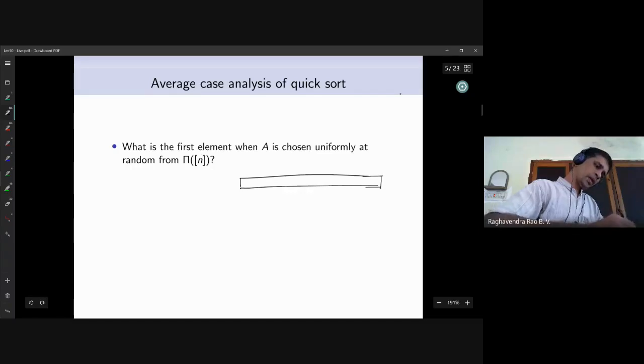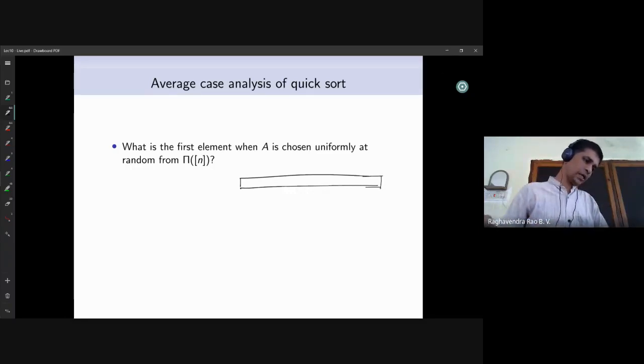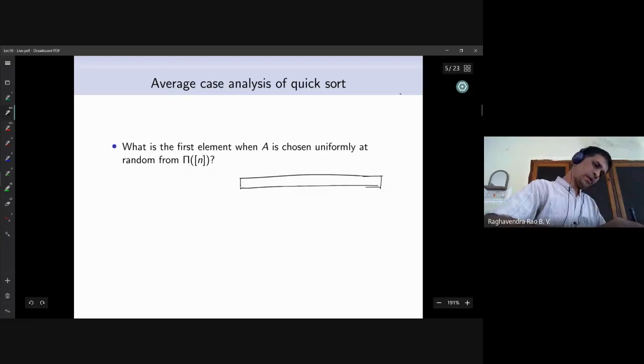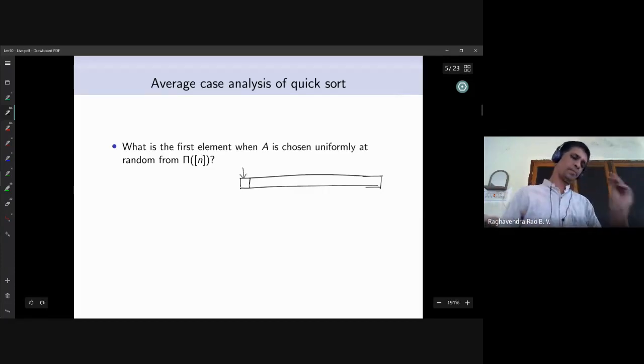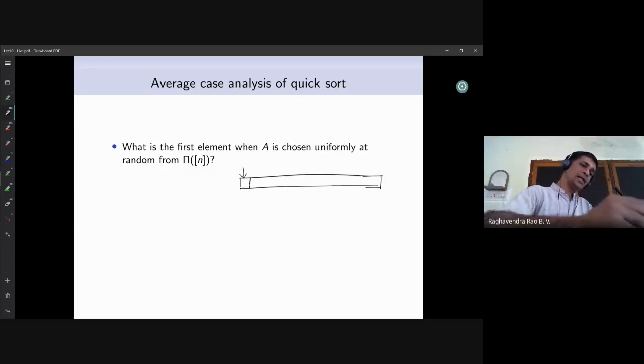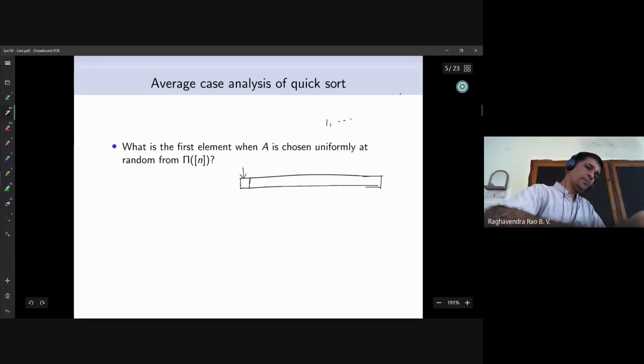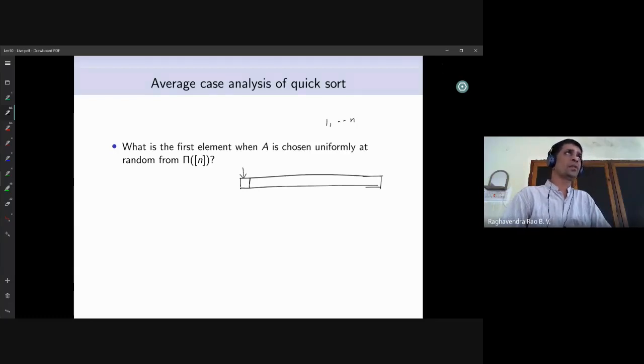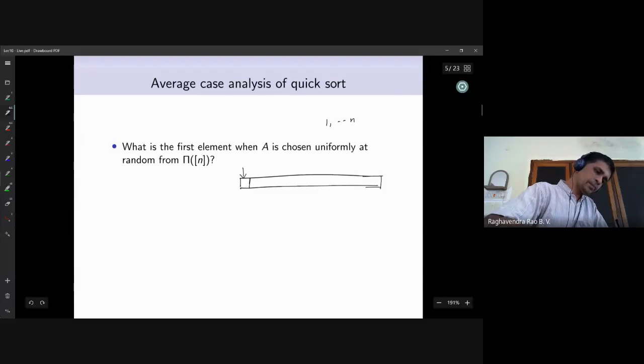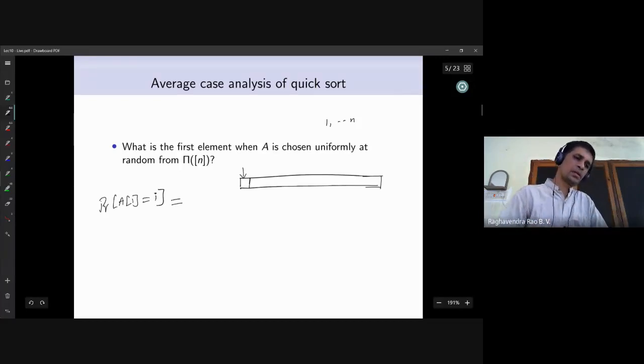At the first level of recursion, our primary focus is the first element. Now remember that the array is a random permutation of 1 to n. So the first element is any of these, right? What is the probability that a of 1 is i? In the denominator we have the total number of permutations.